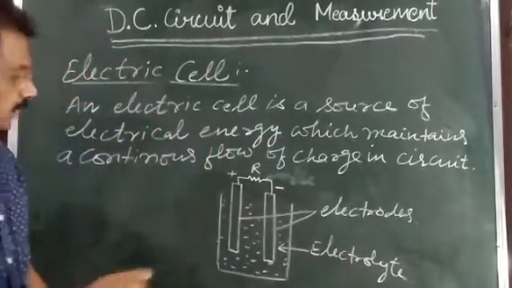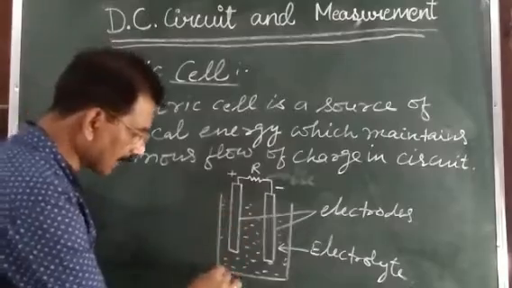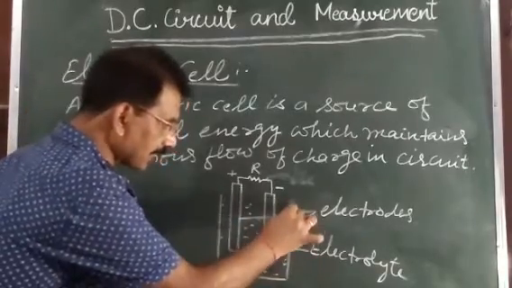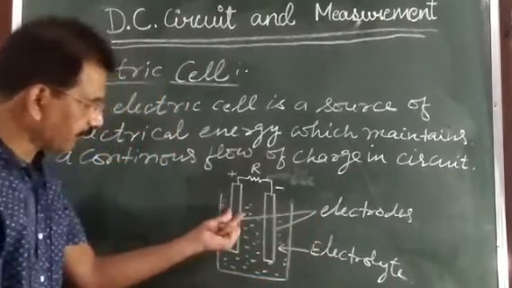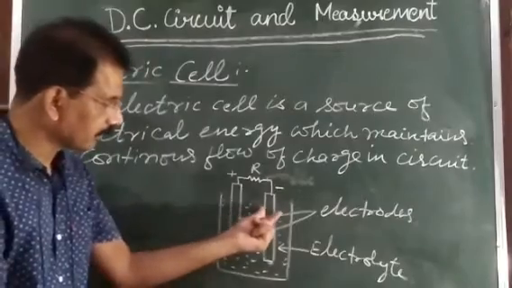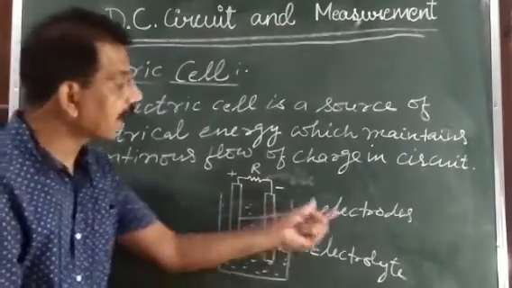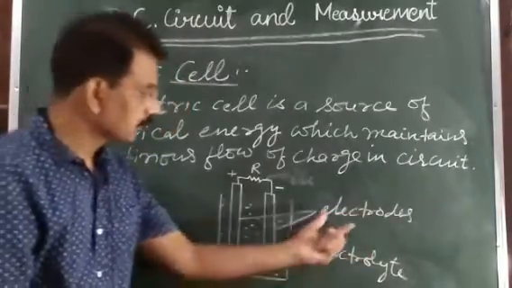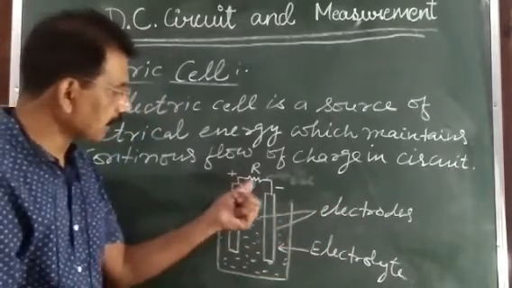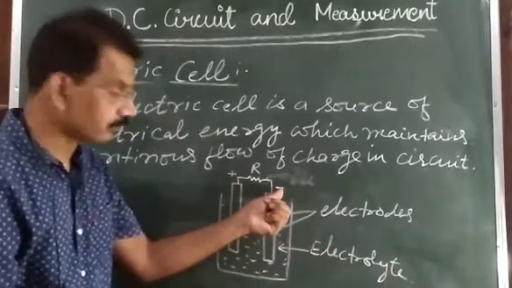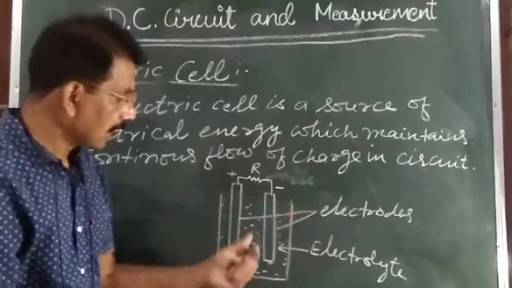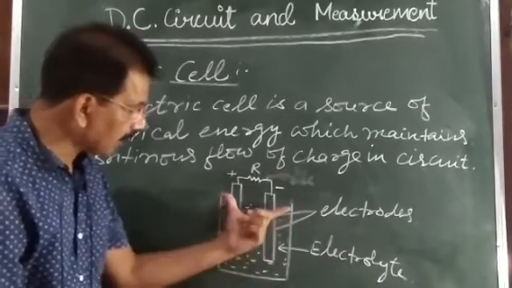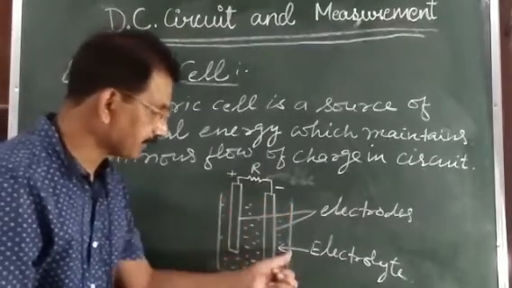Suppose this is an electric cell. In this electric cell there are two plates, and these plates are called electrodes. One electrode is positive and the other is negative. Inside this cell there is an electrolyte.